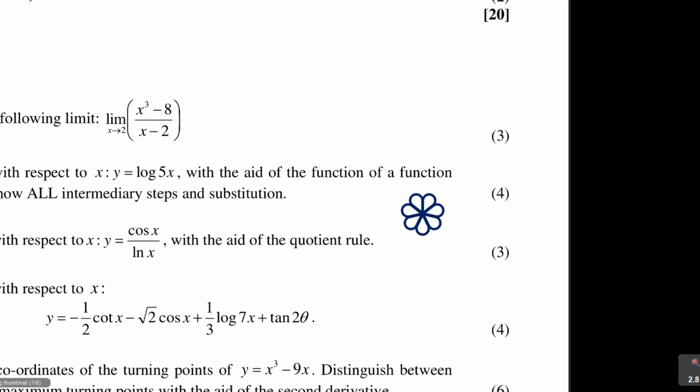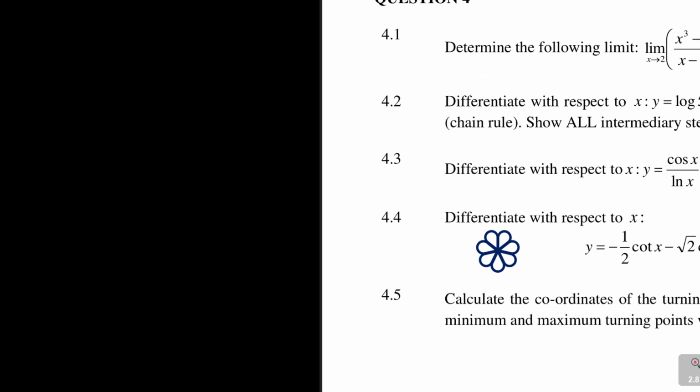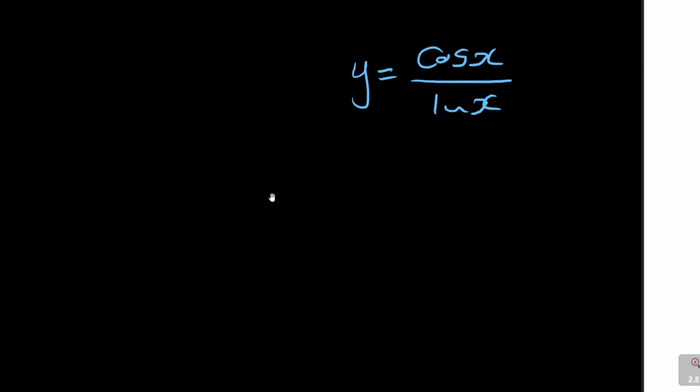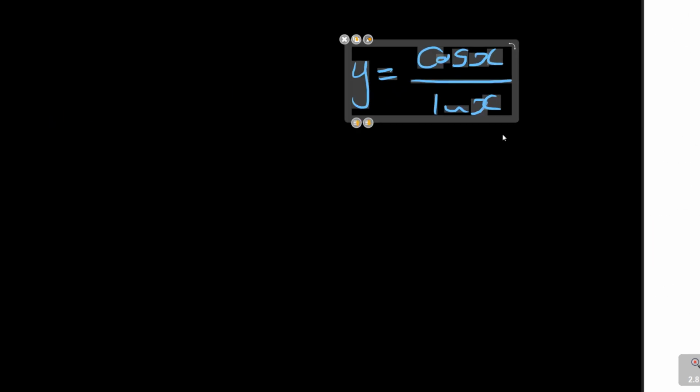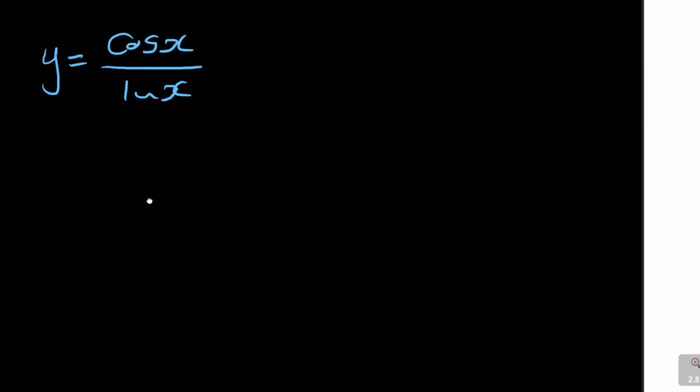So let's look at this. If I'm to have here y is equal to cos x over ln x. It's just 3 marks. I wanted it to have more marks than the chain rule, but they just gave it 3 marks.